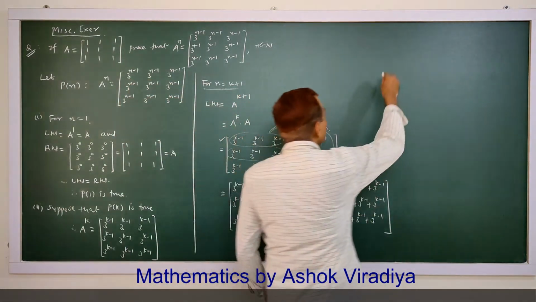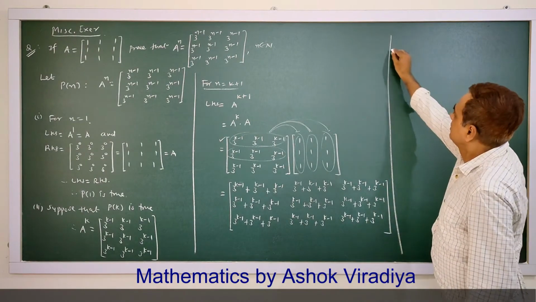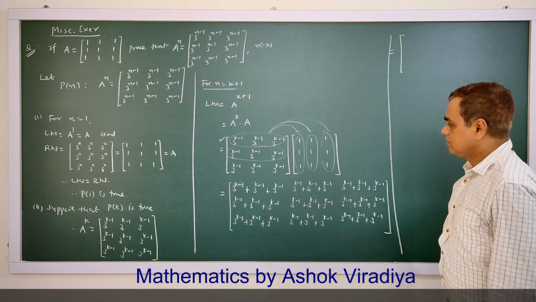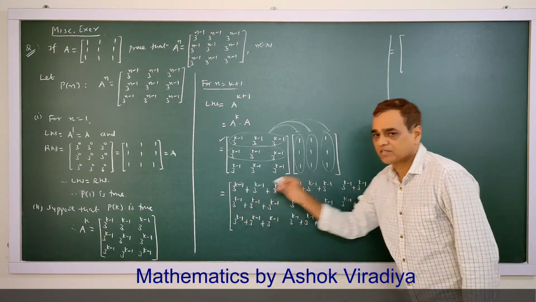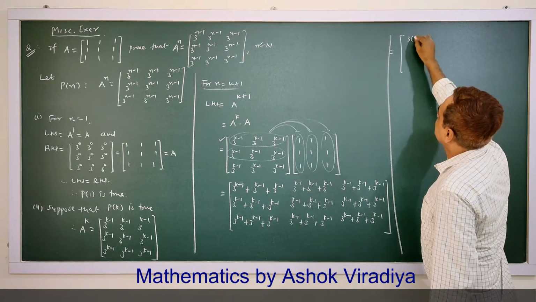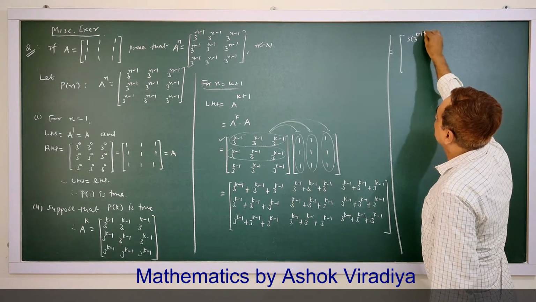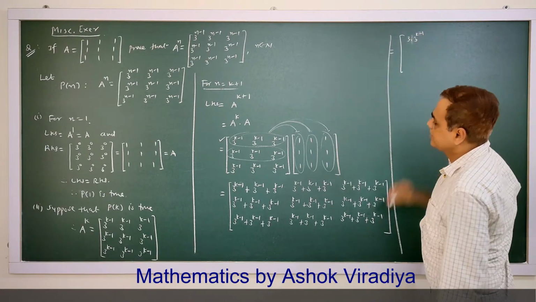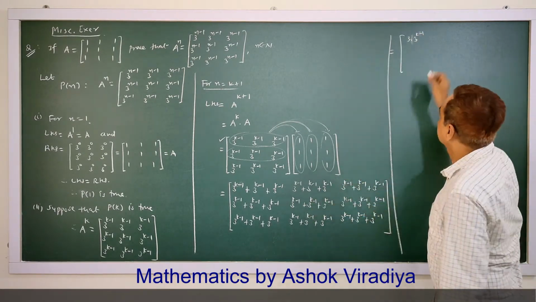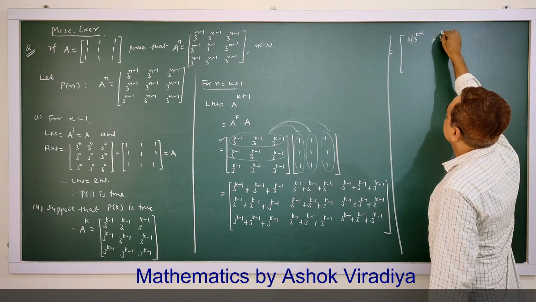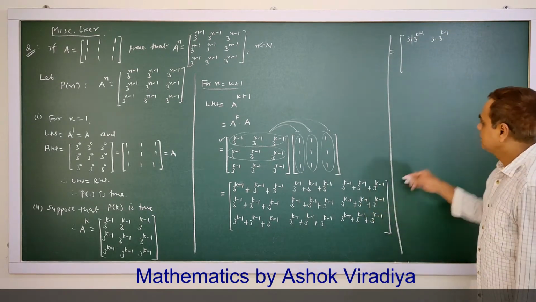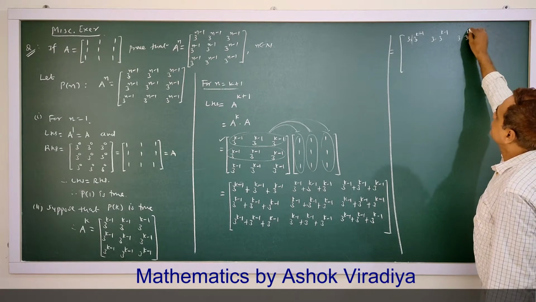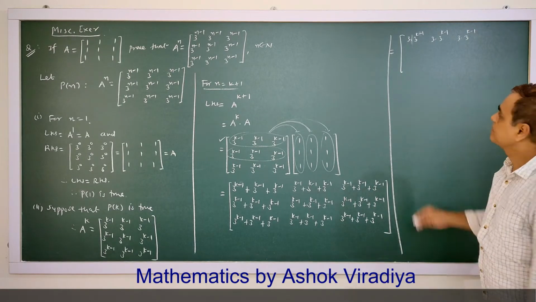So it is equal to 3 times 3 raised to k minus 1.